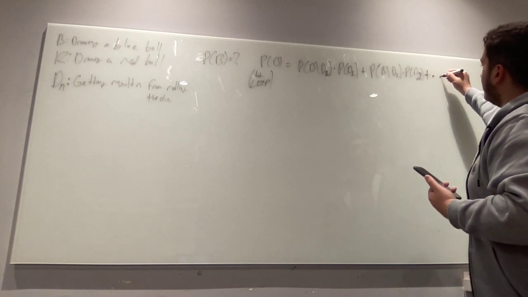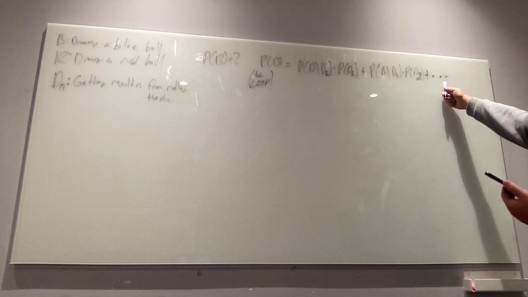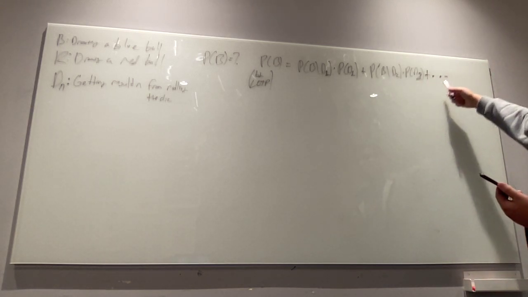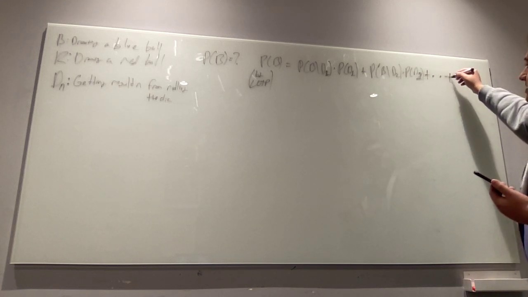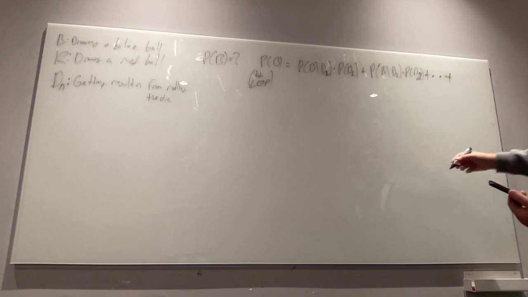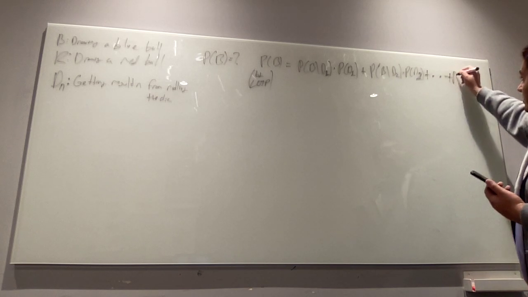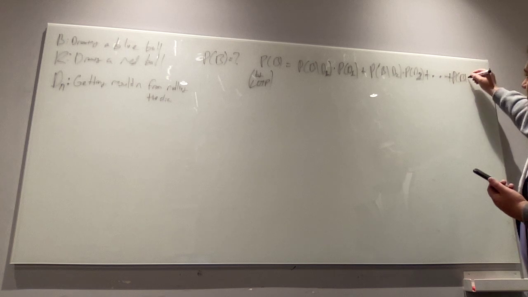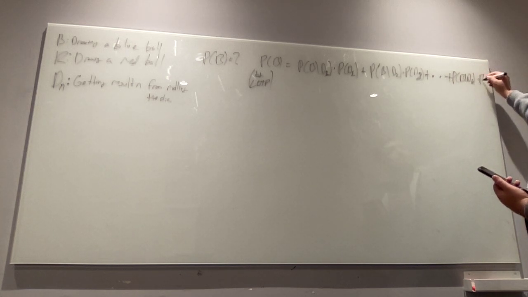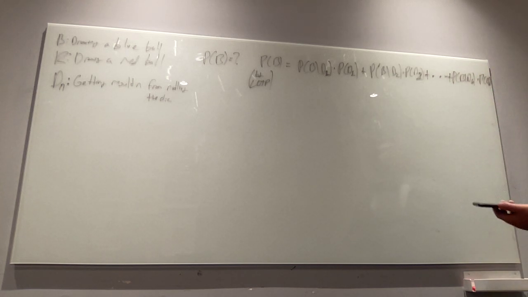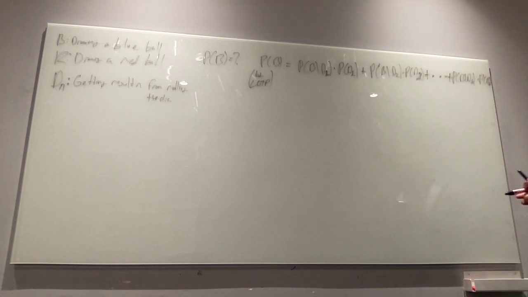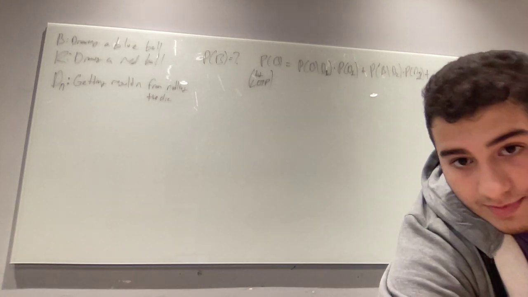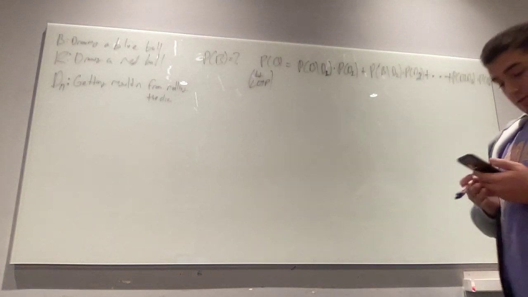Plus probability B given D3 times probability D3 plus probability B given D4 times probability D4 plus probability B given D5 times probability D5, and finally probability B given D6 times probability D6. I need to compute here.